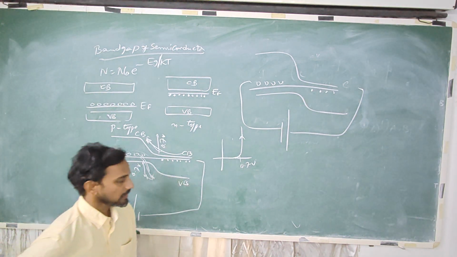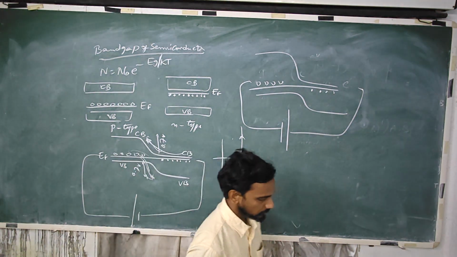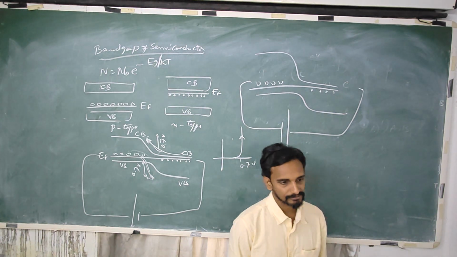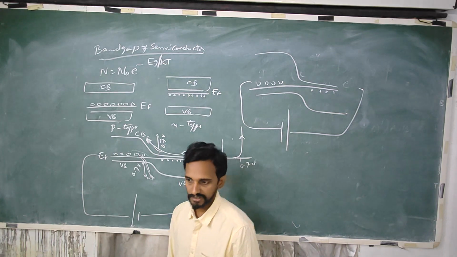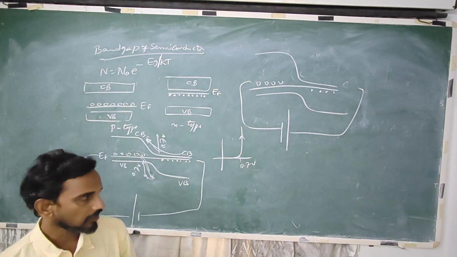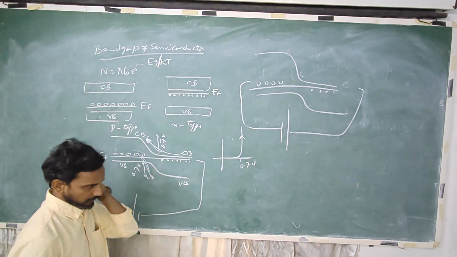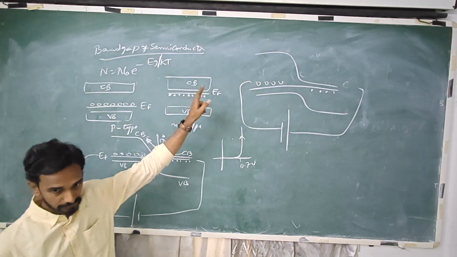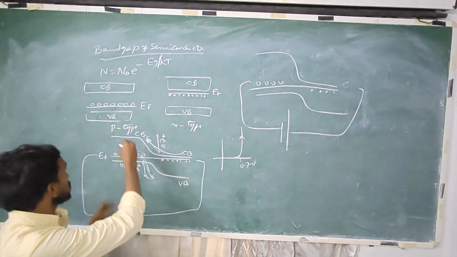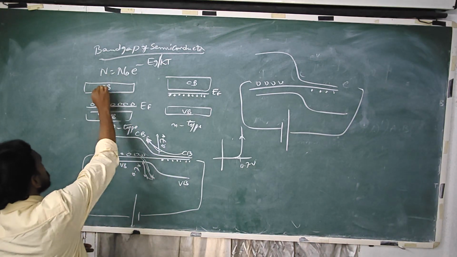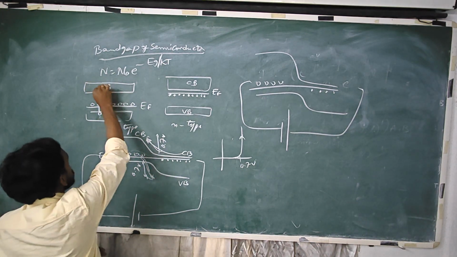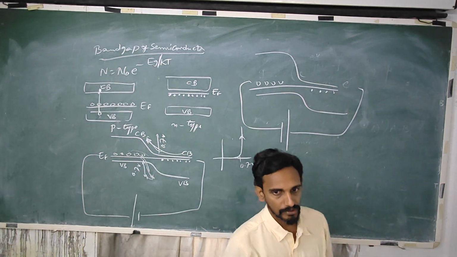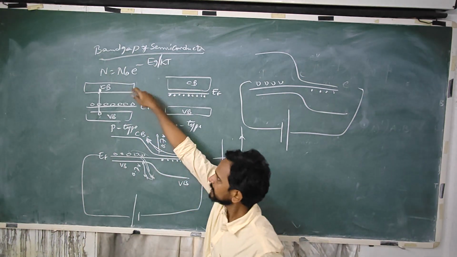Where from do you get electrons on P side and holes on N side? They are from the intrinsic material. Whatever carriers I am showing here are from the dopant element. But the base semiconductor made of silicon or germanium will have a proper band gap.